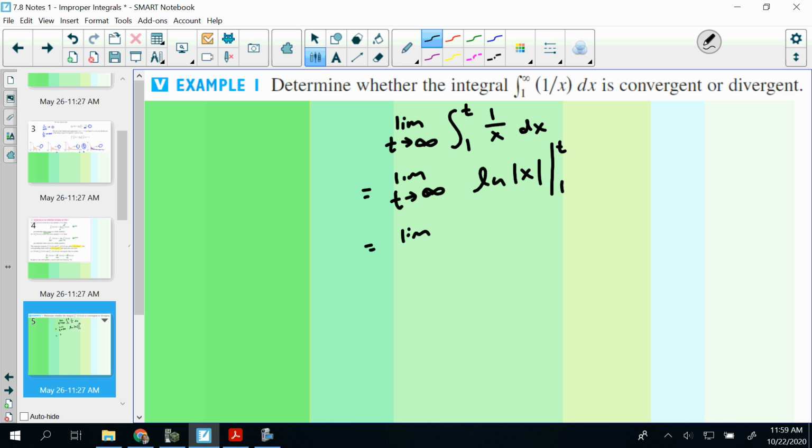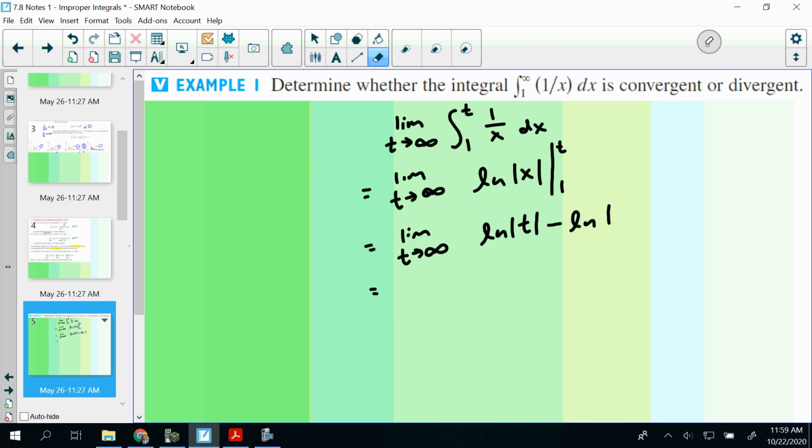So now let's plug in there. So now we've got the limit as t approaches infinity. This would be natural log of t here minus natural log of 1. Natural log of 1 is 0. And the other one here, as t goes to infinity, if we put infinity in here, what's the natural log graph going to do?